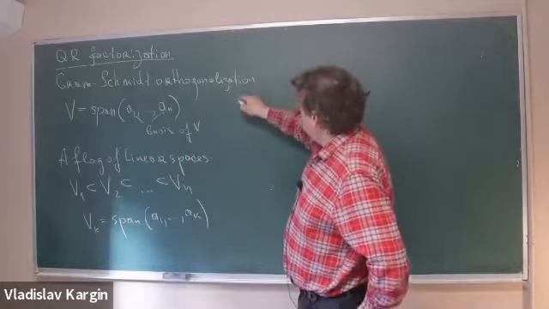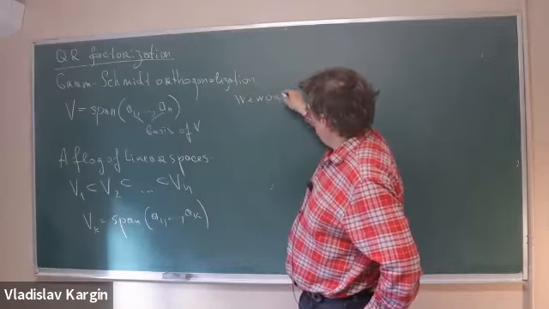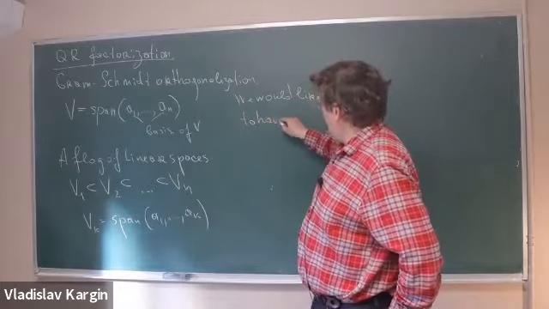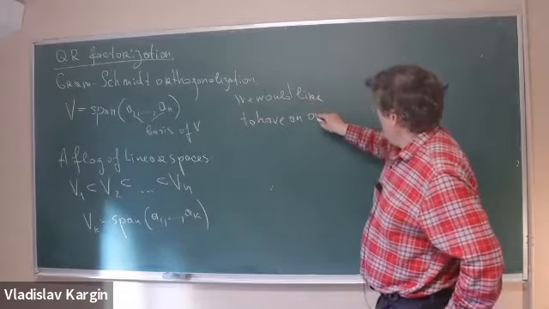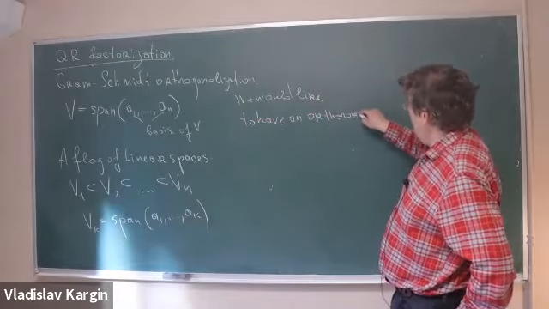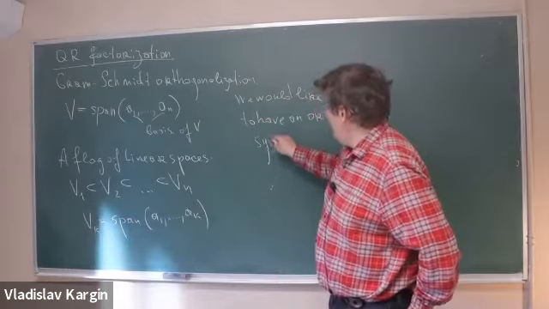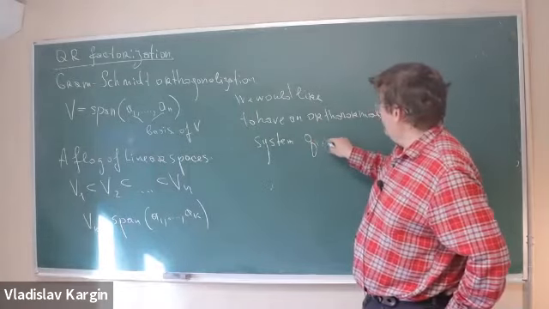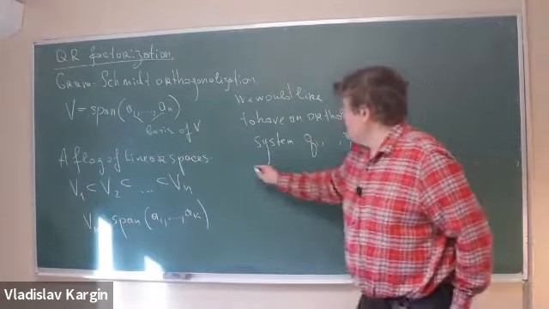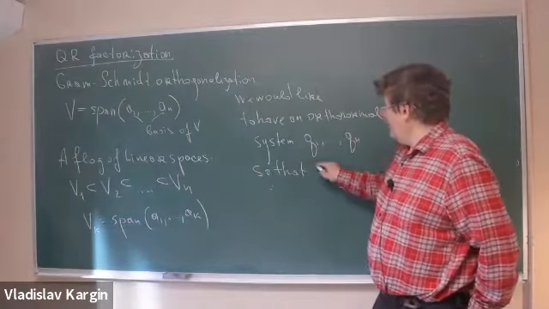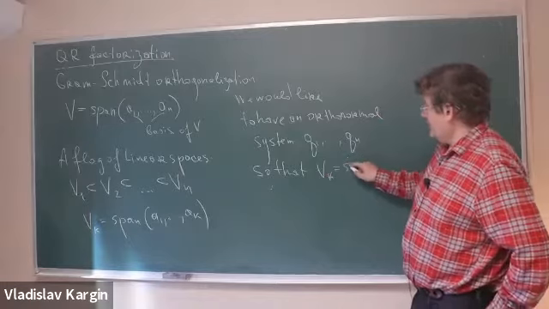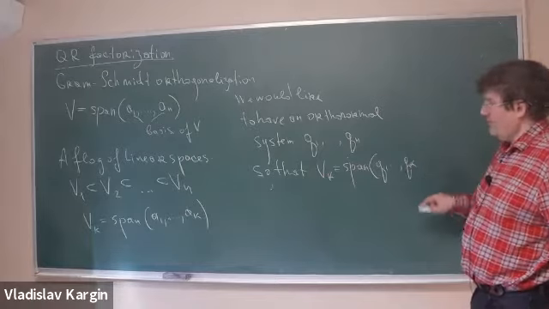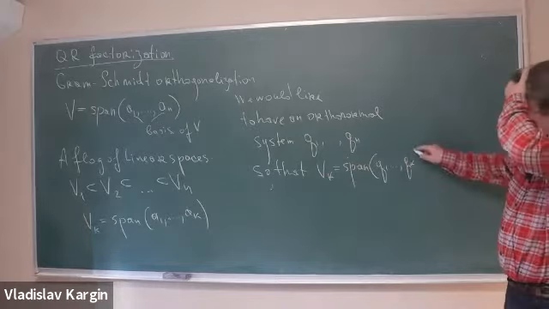So we would like to have an orthonormal system Q1, ..., Qn, so that Vk would be equal to the span of Q1, ..., Qk. That's the task that we want to do.